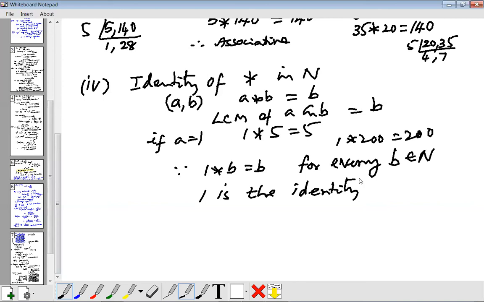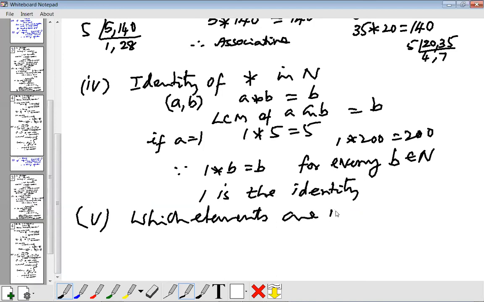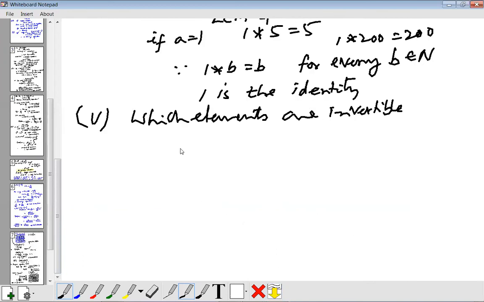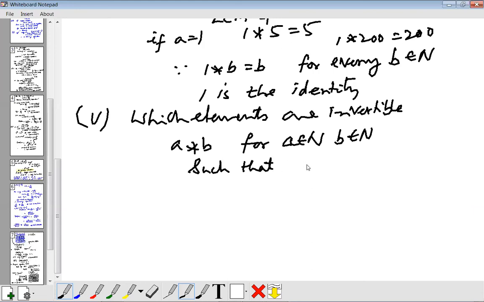Which elements of N are invertible for the operation? So now look at the fifth one. Which elements are invertible? This means you have to take A star B, for A belonging to N, B belonging to N, such that A star B equal to identity.